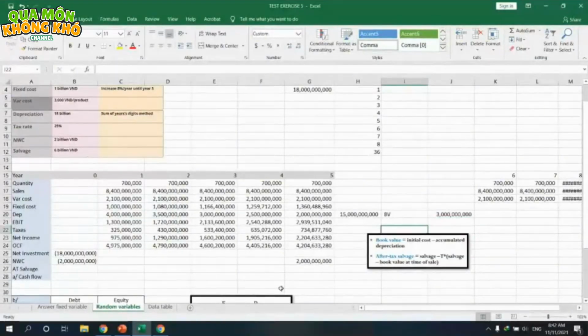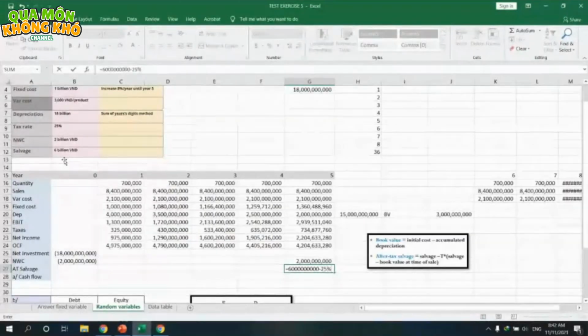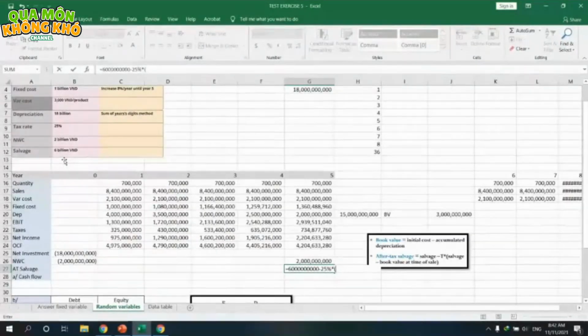And for the after-tax salvage value, we will take the salvage value here, the money that we will receive if we sell the machine, which is 6 billion, minus the tax, multiply with the salvage value minus the book value.